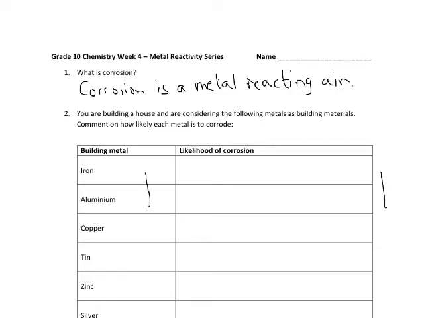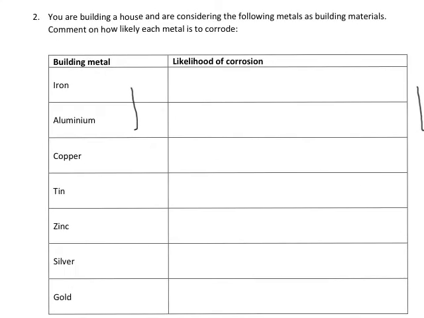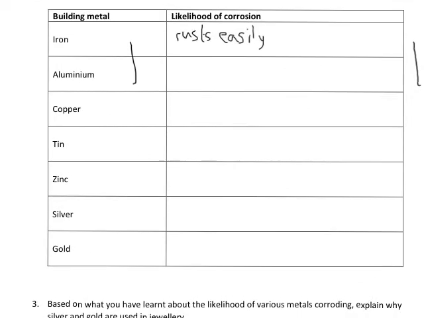Whoops, I'm clicking on the wrong thing, my apologies. Let's go down here. The likelihood of corrosion. You've got to do some research here and look up things. So we know that iron rusts fairly easily. And if you go and look up gold, you'll find that gold doesn't react with any substance.